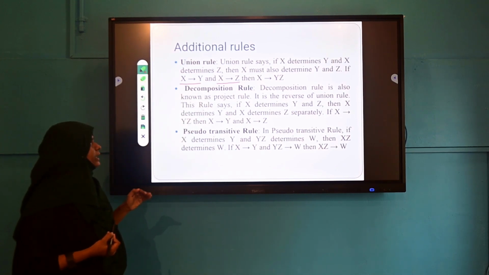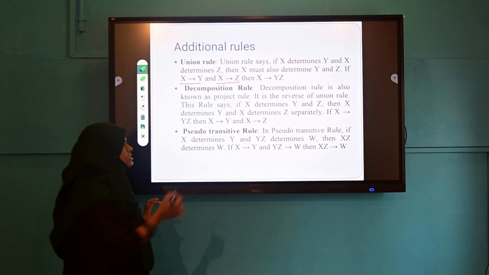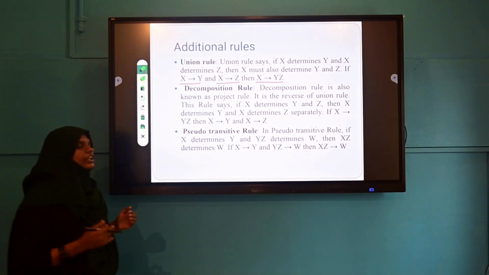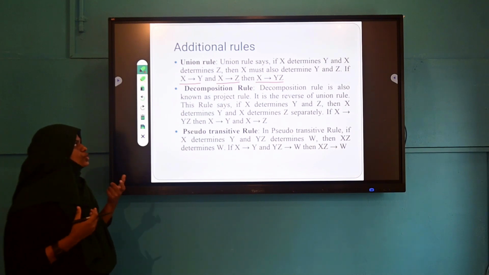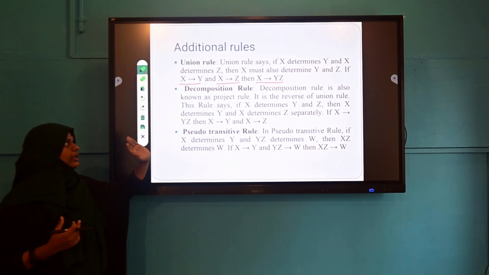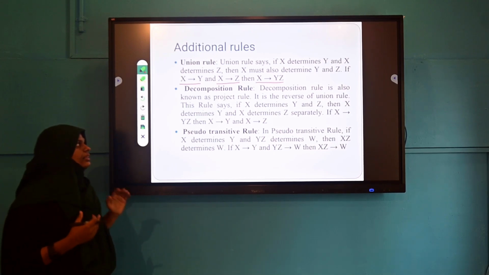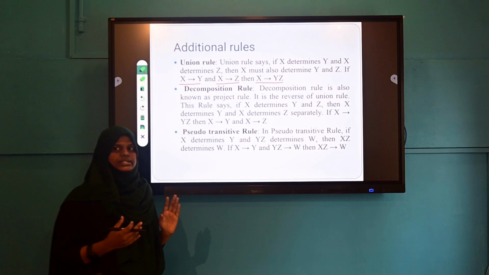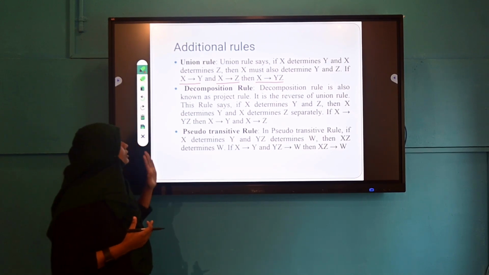So we can combine these two as X gives YZ. If a relation holds two functional dependencies like X gives Y and X gives Z, then we can combine these two into X gives YZ. This is known as union rule.